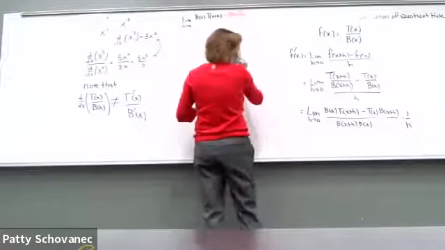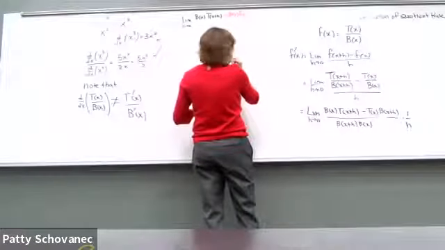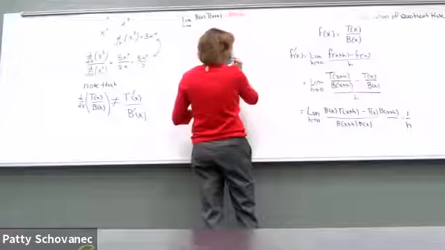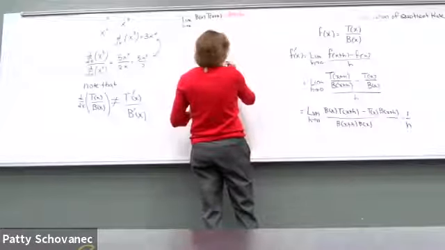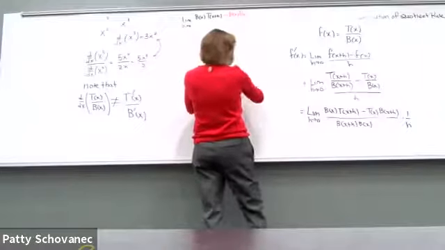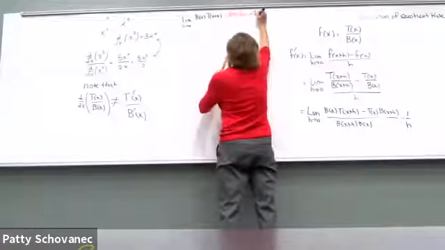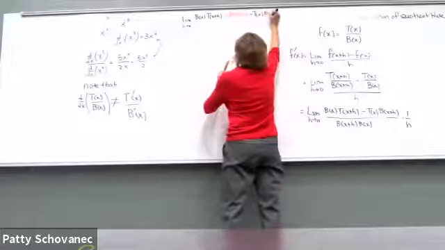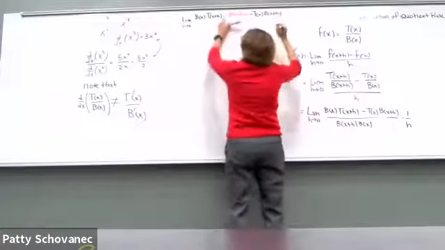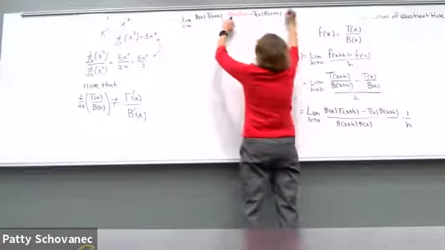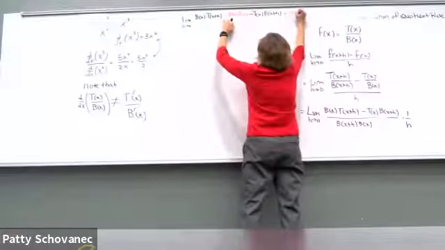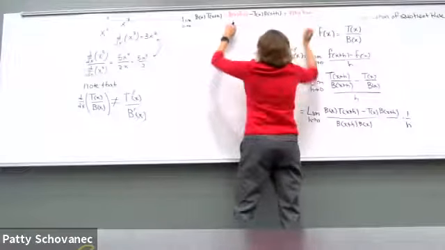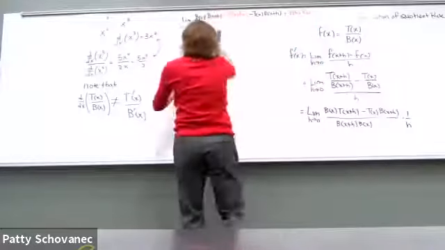Then I'm going to add b of x times t of x. Okay, but I'm going to add it at the end. I'm going to take this now and I'm going to add it right here. And then I've got all the other stuff still.